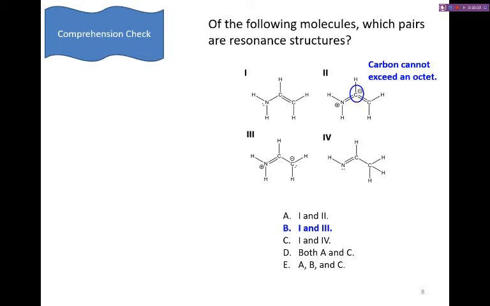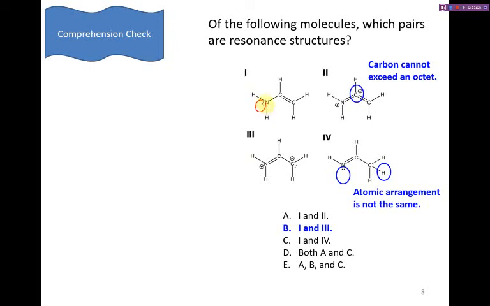We can't violate the octet rules if they must be followed. We'll talk about violations of the octet rule later, but carbon cannot have an exceeded octet and still participate in resonance. 4 is showing that the hydrogen atoms have been moved from the nitrogen to the carbon, and therefore that's not the same structure. So only 1 and 3 represent resonance forms.